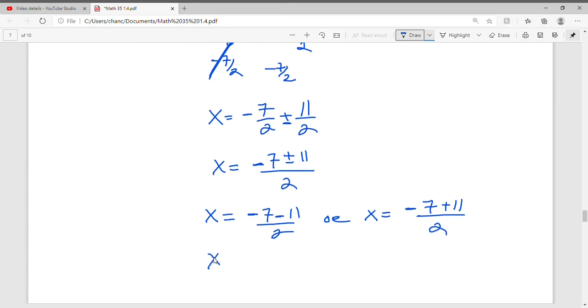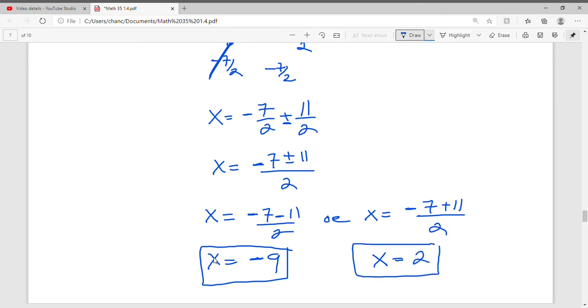This simplifies as, that looks like a negative 18 over 2, so that's negative 9. Now this one simplifies as 4 over 2, so that's actually just 2. So quite a lot of work, but we were able to get our 2 solutions.